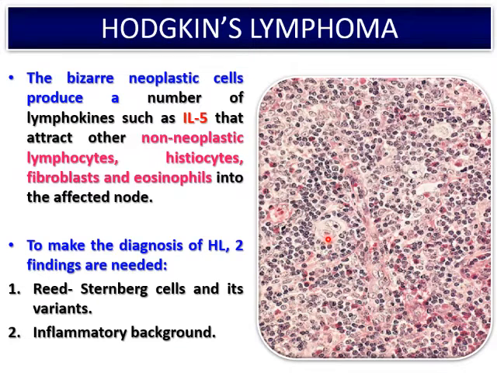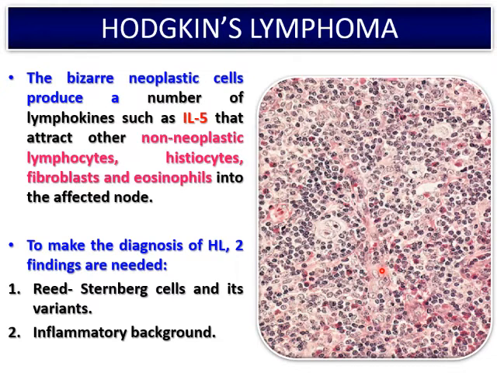So the background of Hodgkin lymphoma is formed of inflammatory normal cells, and we have few RS cells. The only malignant cell in Hodgkin lymphoma is the Reed-Sternberg cell. The other cells in the background are inflammatory, non-neoplastic, normal cells.